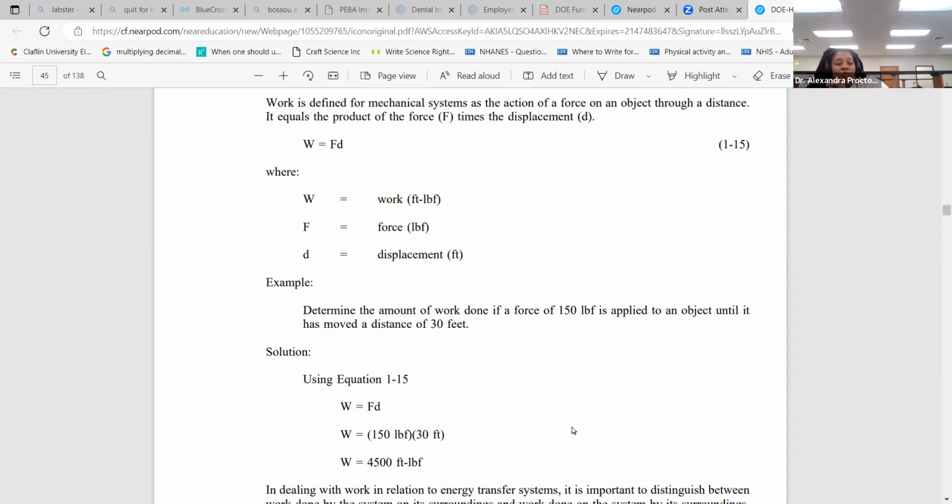So you use work equals force times displacement: 150 pound force times 30 feet, and your work is 4,500 foot-pound force. Remember, work is not a property, it is a process. And if the displacement is 0, then you have not done any work.